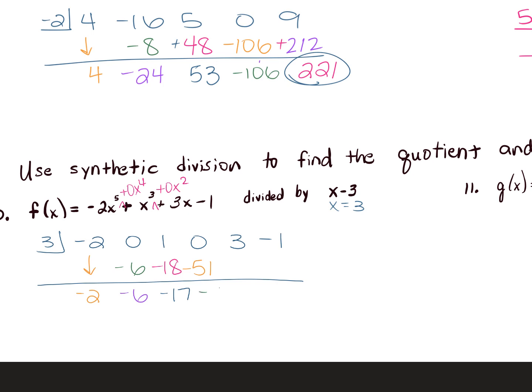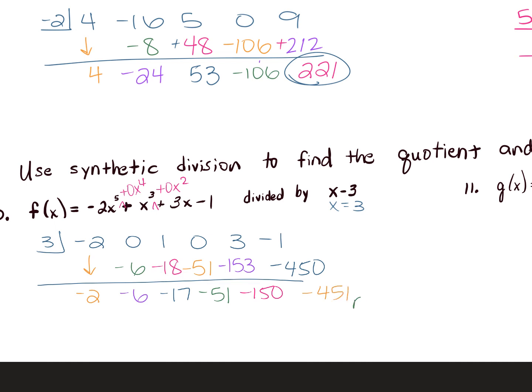Plus 0 is negative 51. Times 3. 3 times 1 is 3, times 5 is 15. So that's negative 153. Plus 3 is negative 150. Times 3 is a negative 450. Add that with the -1, and you have negative 451.